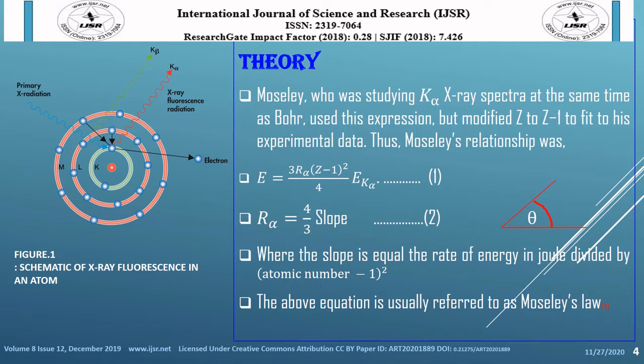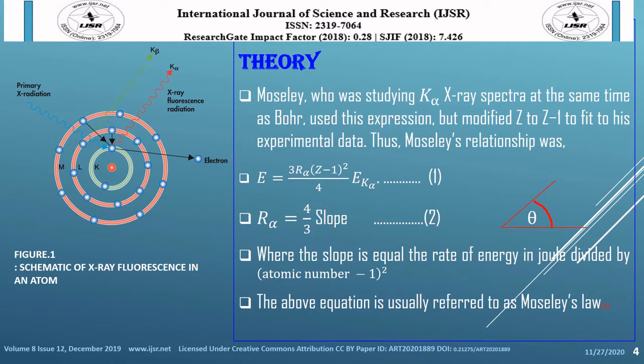Thus Moseley's relationship was E equal 3R alpha bracket Z minus 1 square divided by 4 times energy E K alpha, equation 1.